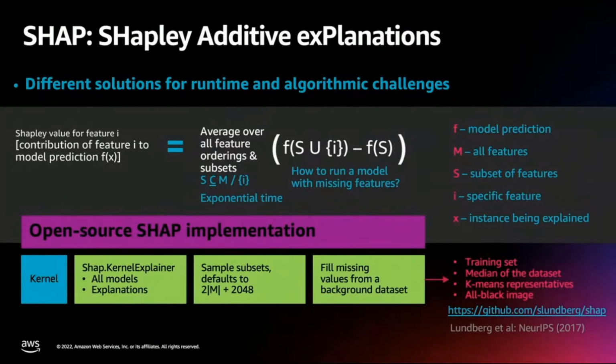And the way to interpret what you see on the screen is, remember that f of S is the prediction based on a subset of features. Now, what do I mean by a subset here? In any kind of machine learning model, we need to feed in likely all the features or all the feature values that we have available.